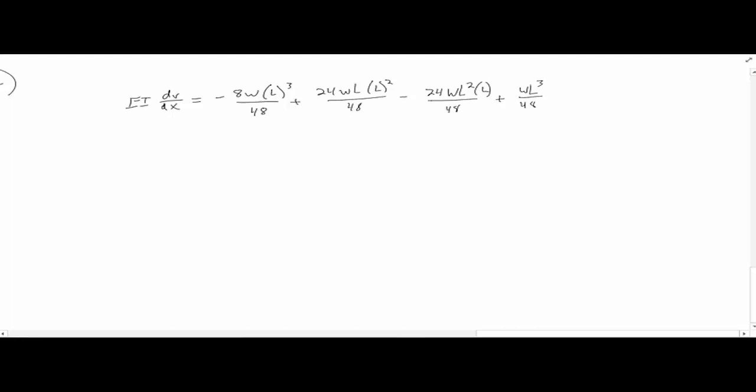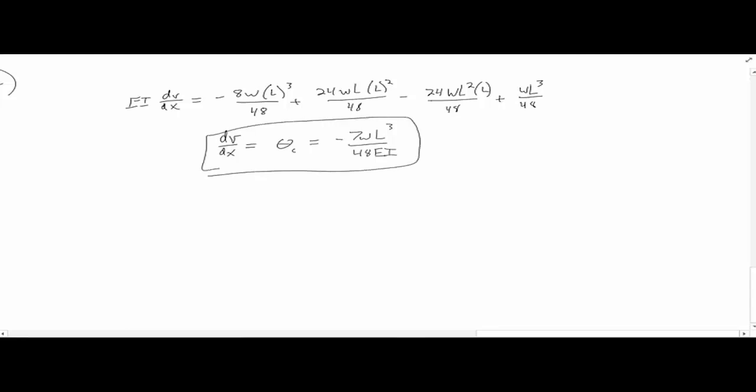Okay, and then this should reduce down to d nu over dx, which really equals our slope, theta at point C, is going to equal negative 7WL cubed over 48 EI.